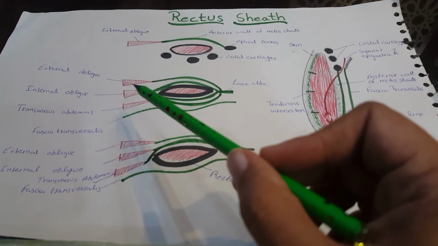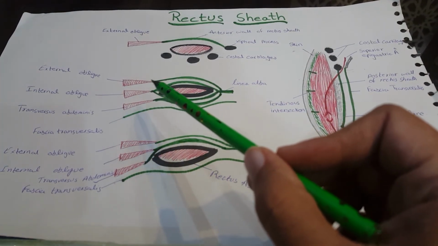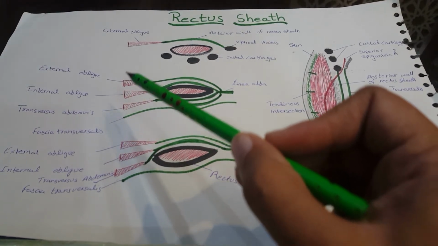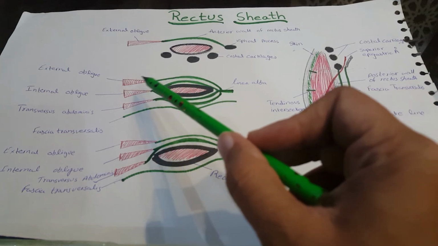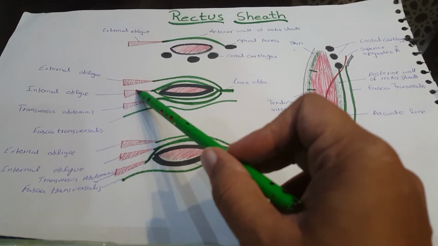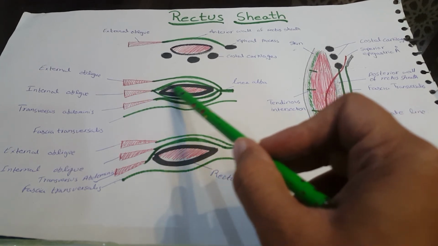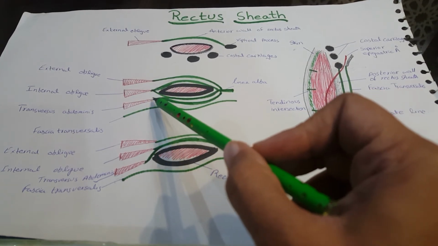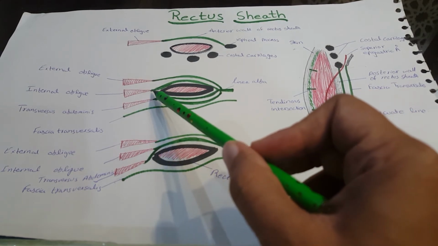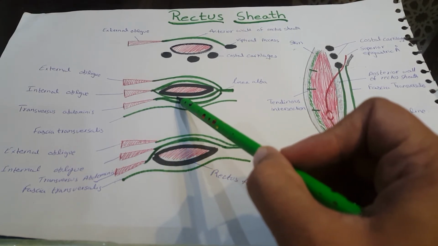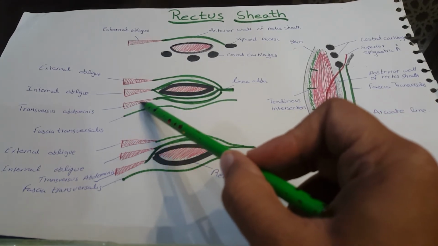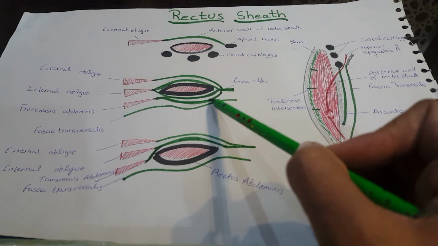Anterior wall of the rectus sheet between the costal margin and the arcuate line is formed by the aponeurosis of the external oblique muscle and the anterior lamina of the aponeurosis of internal oblique muscle, while the posterior wall of the rectus sheet at this level is formed by the posterior lamina of the internal oblique muscle and transversus abdominis muscle aponeurosis.